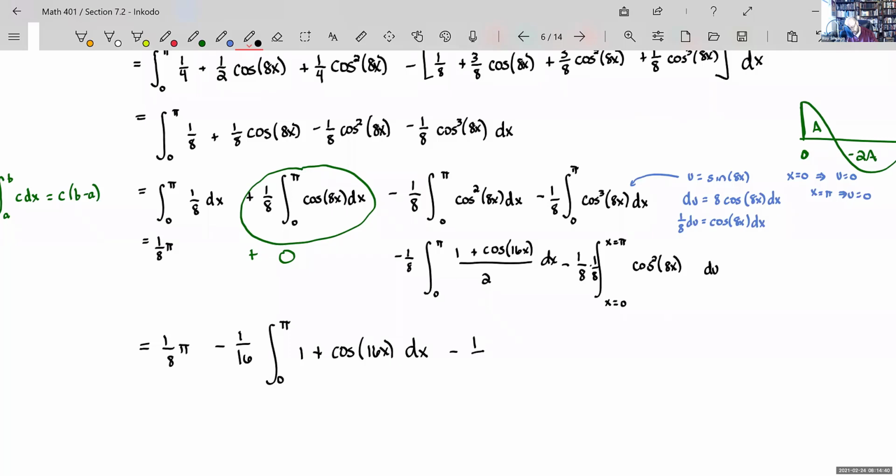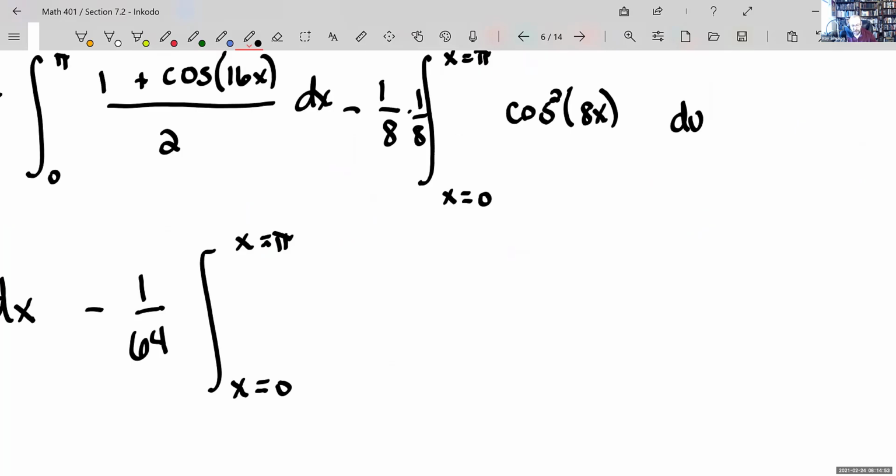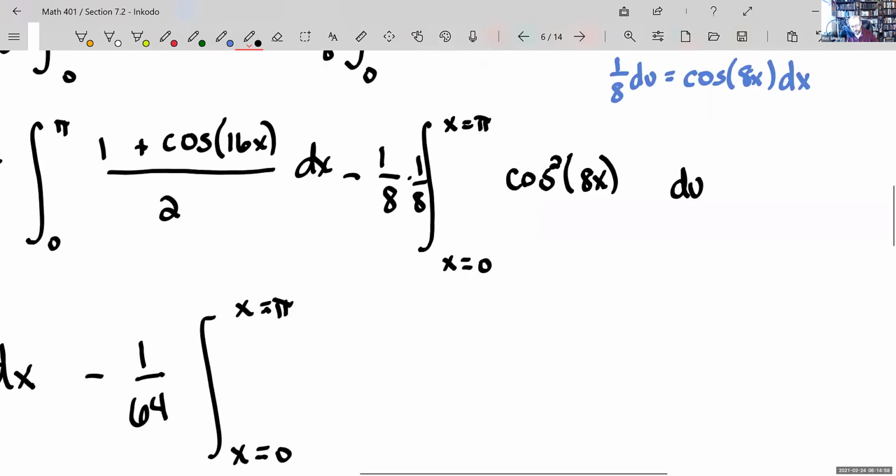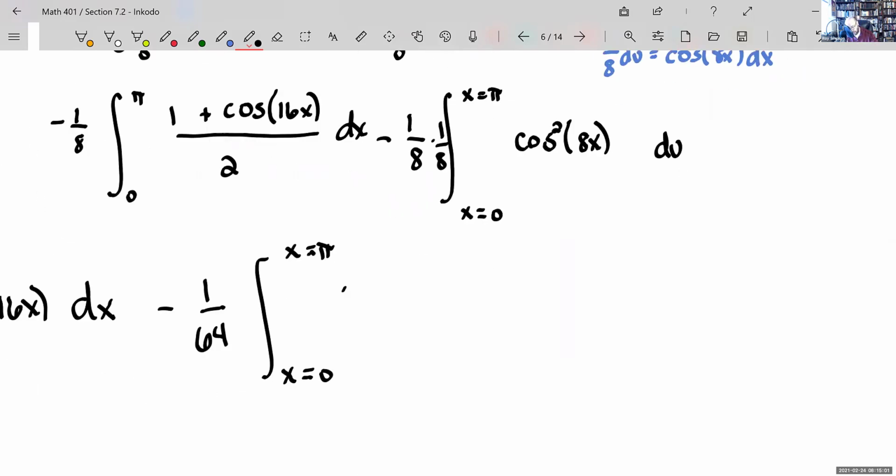Minus 1/64th. Integral from x equals 0 to x equals pi. Notice how I'm writing that x equals. It's because I didn't want to trade completely into the world of u's on this one because my limits end up being the same, and that may not have been true. So anyway, this cosine squared of 8x is the same thing as 1 minus sine squared of 8x.